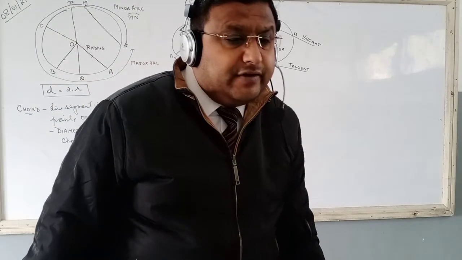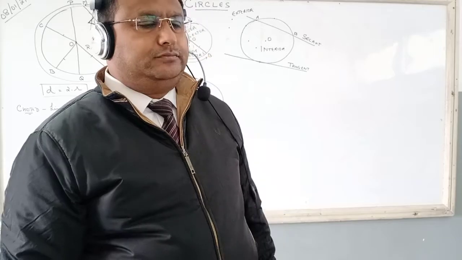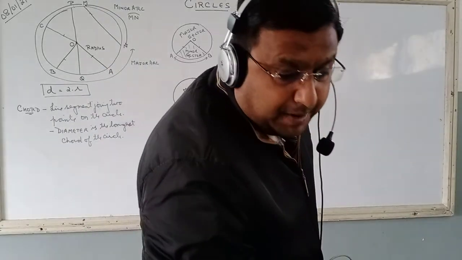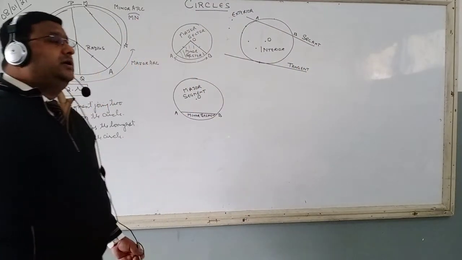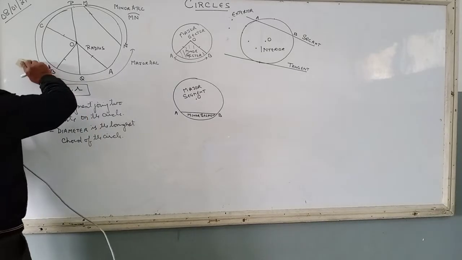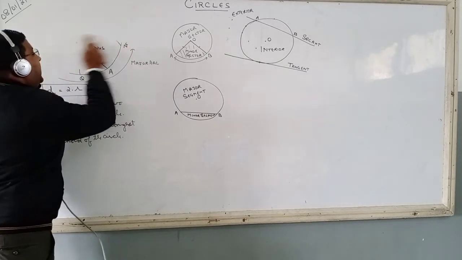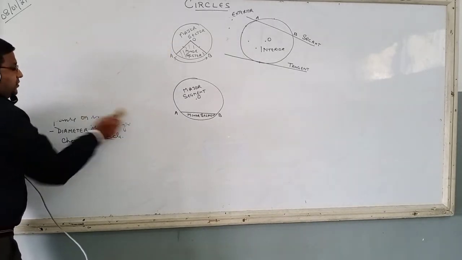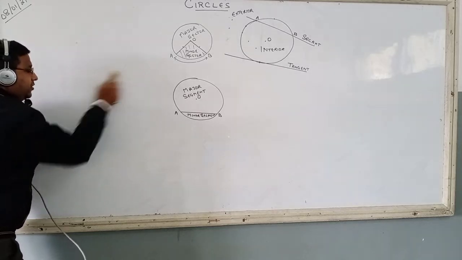The important part that we are going to discuss today is your theorems. The important part of this chapter is your theorems. There are many theorems in this chapter, students. Lots and lots.